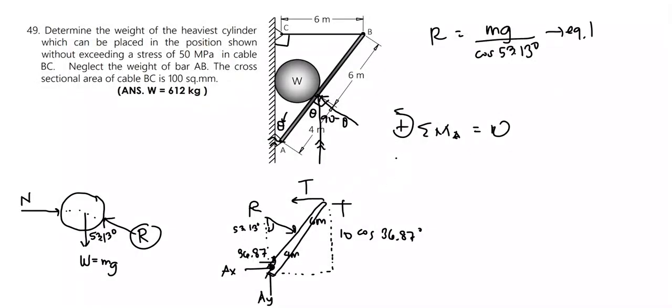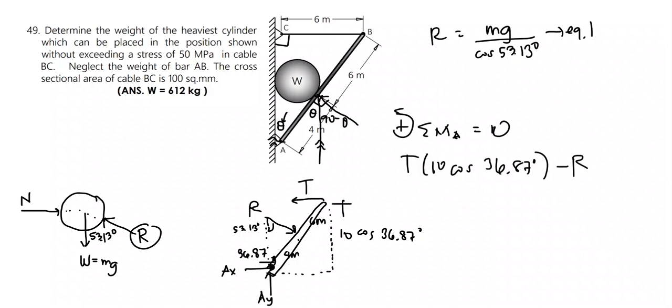Then we can create our equation for the moment at point A, that is T, and it is positive since it would induce a counterclockwise moment, times the moment arm distance of 10 cosine of 36.87 degrees. And then for the reaction R, there is a moment arm distance of 4 meters. It would induce a clockwise moment, so it's negative.